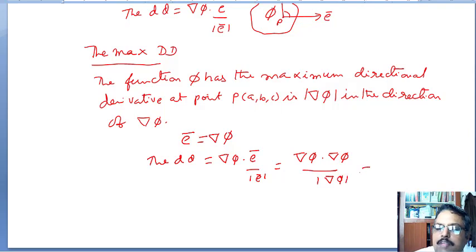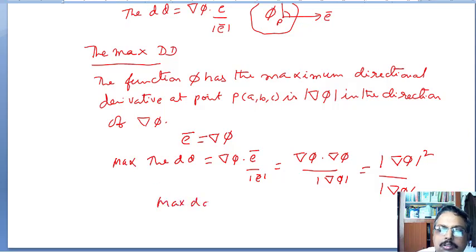So del phi dot del phi equals mod del phi whole square by mod del phi. So finally, this is called the maximum directional derivative: maximum directional derivative equals modulus of del phi.